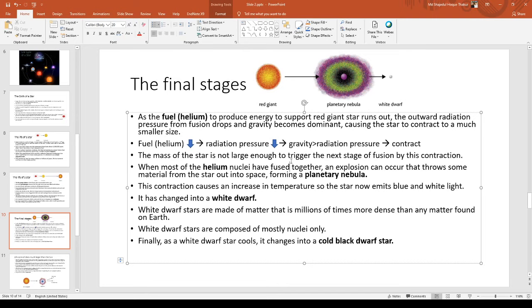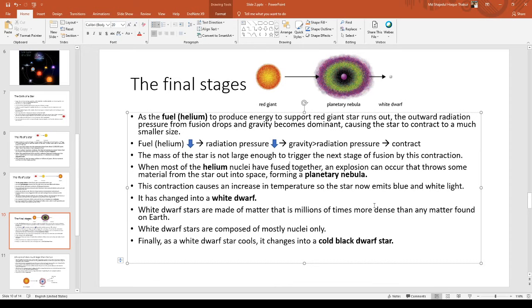But the white dwarf star, if you think about it, doesn't produce energy anymore. However, it is still radiating energy. So as it does not produce energy anymore, its temperature starts to fall. As its temperature starts to fall, it starts to lose its white color, right?